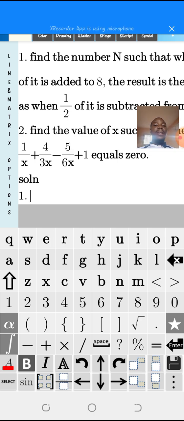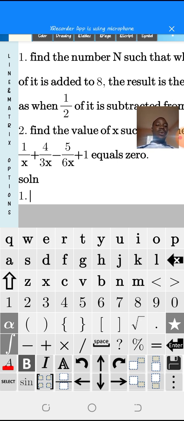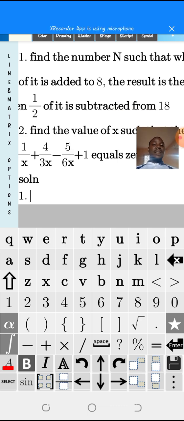They say we should find the number n such that when 1 over 3 of it is added to 8, the result is the same as when 1 over 2 of it is subtracted from 18.